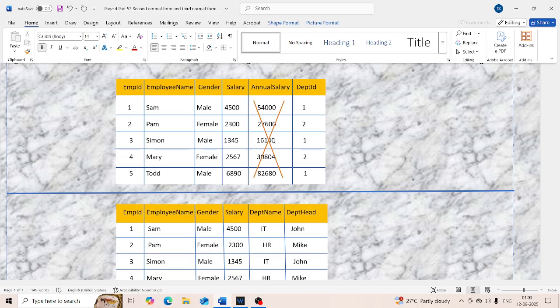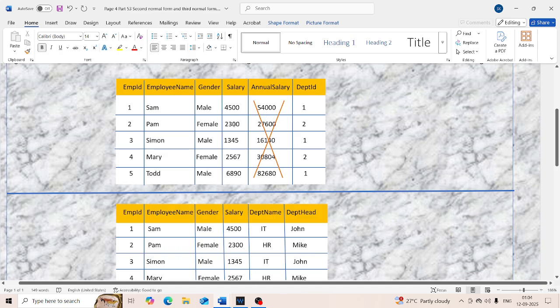So this one is actually dependent on salary. Annual salary is dependent on salary.